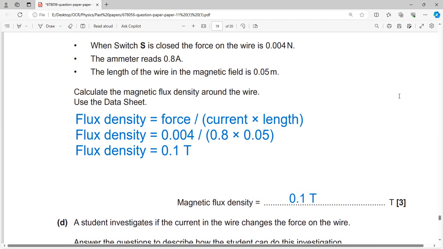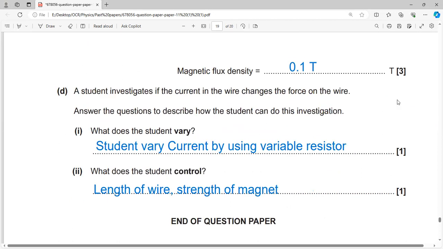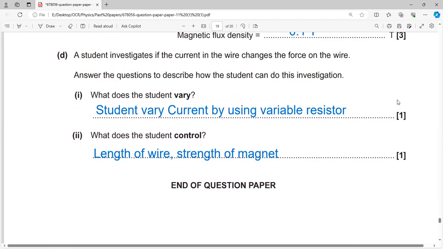So the length and the flux density should stay the same. The current is varying because you're investigating the current. In this way, the length of the wire and the strength of the magnetic field should stay constant, in the control value, while the current should change. So this answer will be our correct one.